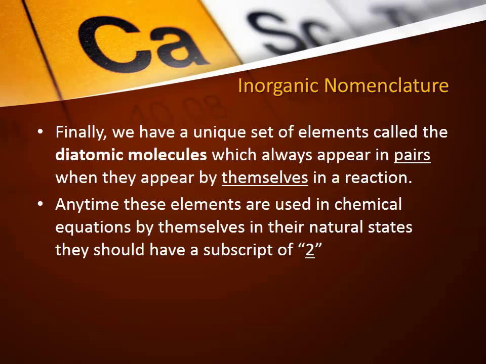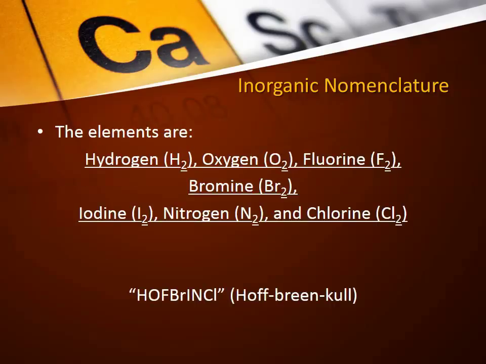Finally, we have a unique set of elements called the diatomic molecules. These always occur in pairs when they're by themselves. Anytime these elements are used in chemical equations by themselves, their natural states, they should have a subscript of 2. These are the elements: hydrogen, oxygen, fluorine, bromine, iodine, nitrogen, and chlorine, which can spell Hofbrinkel.